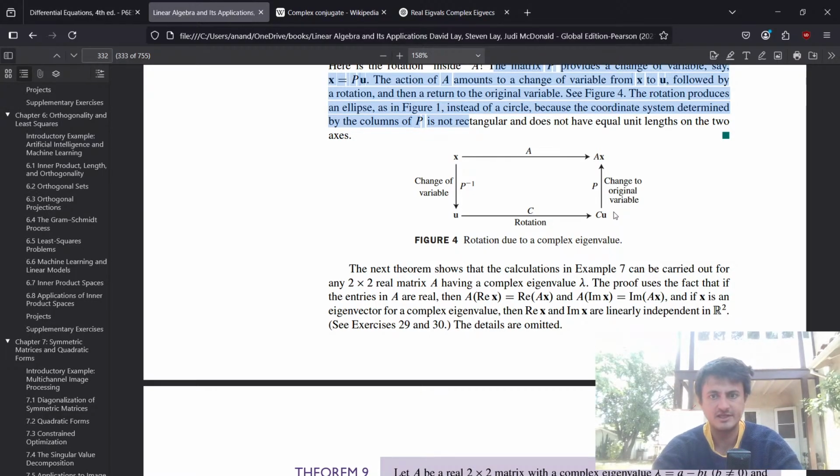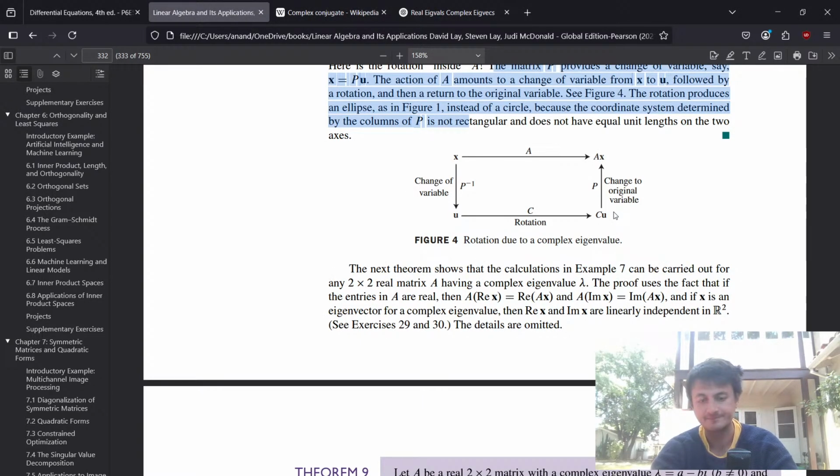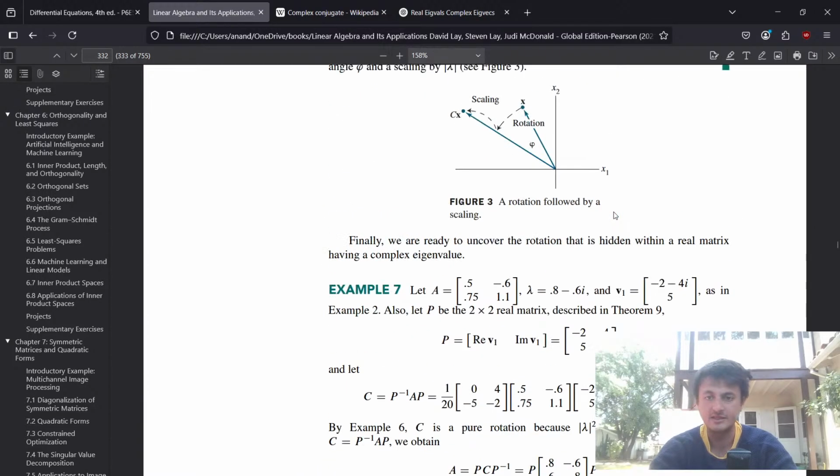If a real 2 by 2 matrix A has one complex eigenvalue, then they're both complex, just by direct application of the fact that they need to come in pairs.